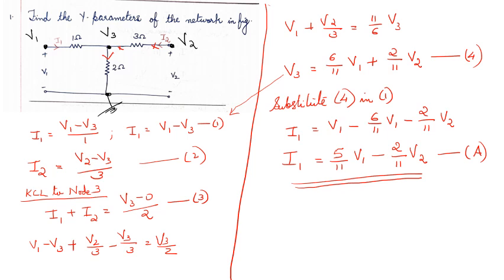Then the next step is to substitute 4 in equation 2. Substitute the value of V3 in this equation. Then we will get I2 is equal to V2 by 3 minus 1 by 3 into 6 by 11 V1 plus 2 by 11 V2.